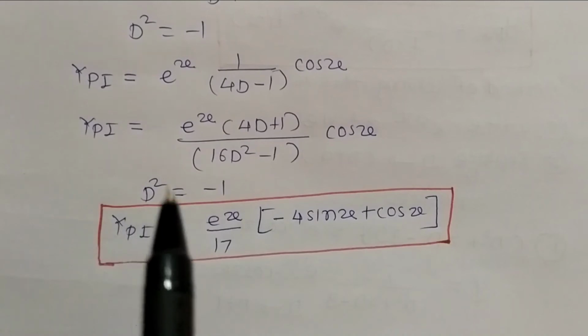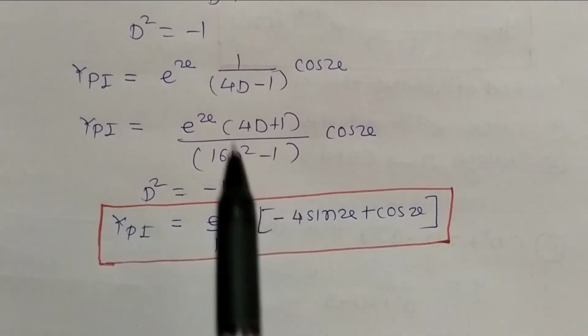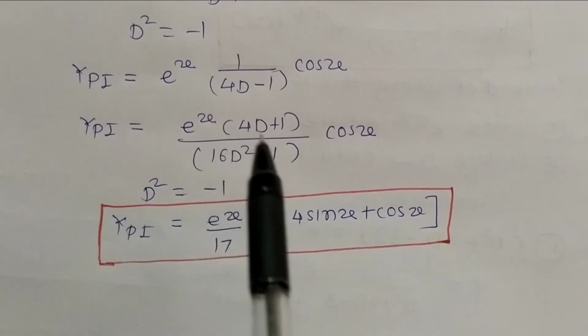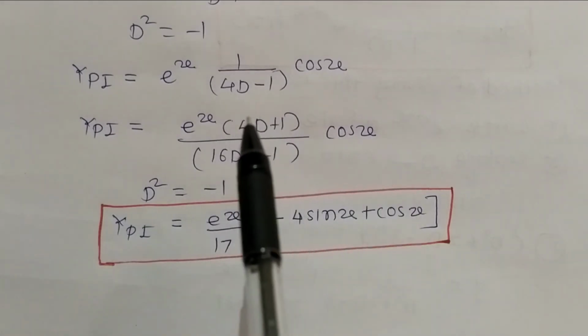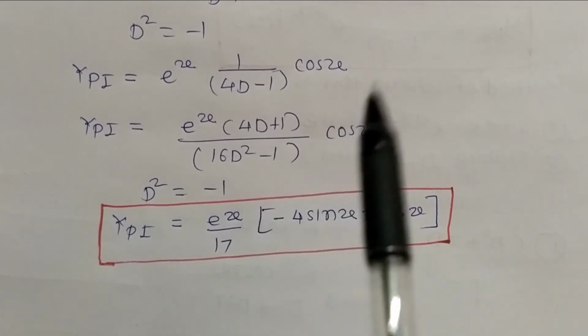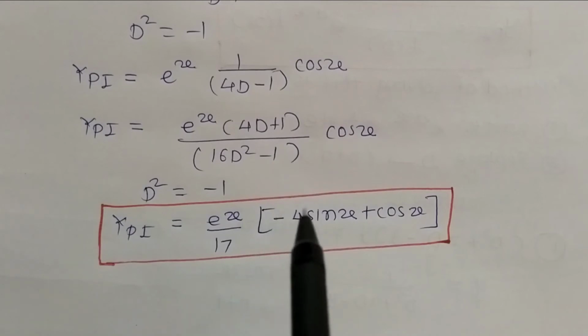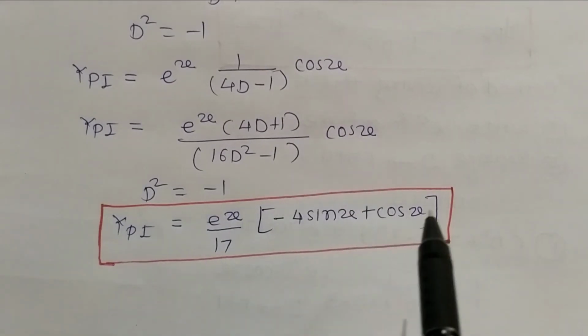Now we can put d square is equal to minus 1. So e raised to x, and the differentiation of cos x is minus sin x, so 4 times that is minus 4 sin x, plus 1 into cos x, that is cos x.